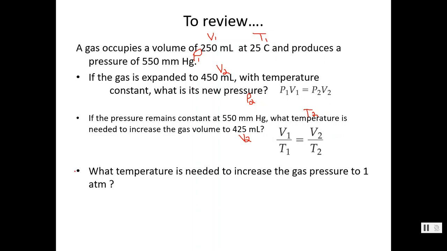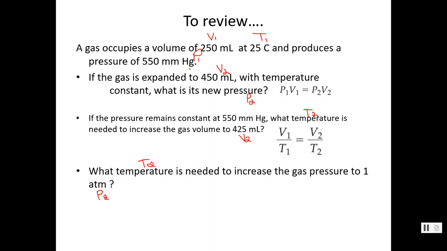Third bullet point, which temperature is needed? So I'm looking for a new T2. What temperature is needed to increase the gas pressure to 1 atmosphere? So I've got a new pressure, so I have a P2.